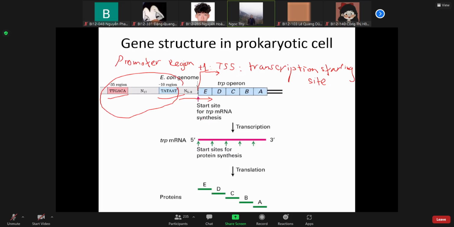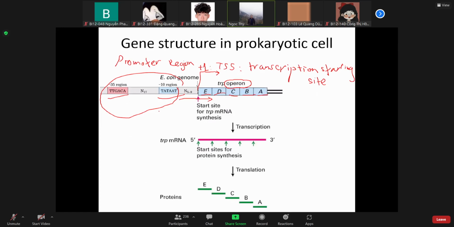This is the same between the prokaryotic cell and the eukaryotic cell, but the difference here is that several genes are organized together in a structure called an operon. An operon is several genes with a similar function, encoding similar proteins or proteins with related functions, and they share the same promoter.